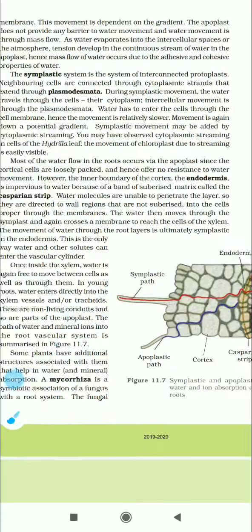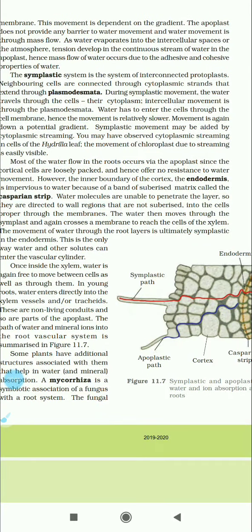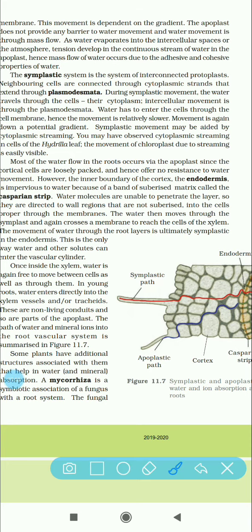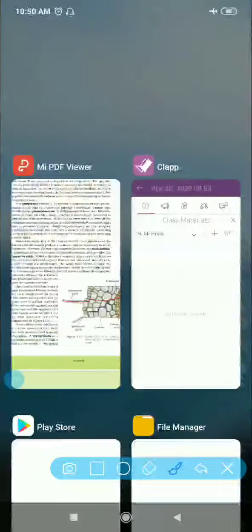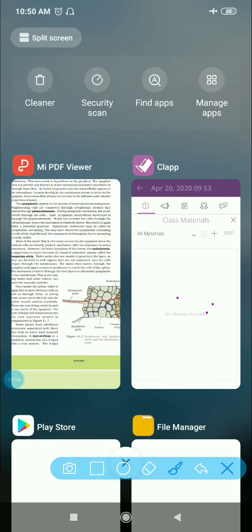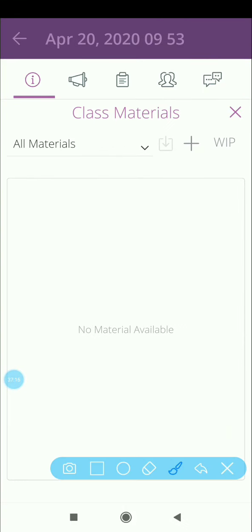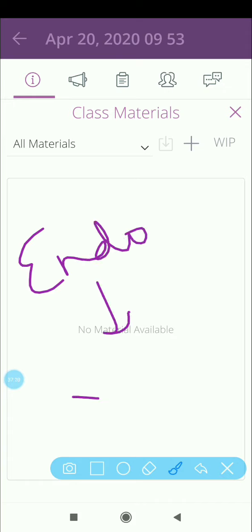Now in the Symplast, water will mainly travel through the cytoplasm. There is also a role of cytoplasmic streaming in that. To reach from the endodermis to the xylem, which path is followed?